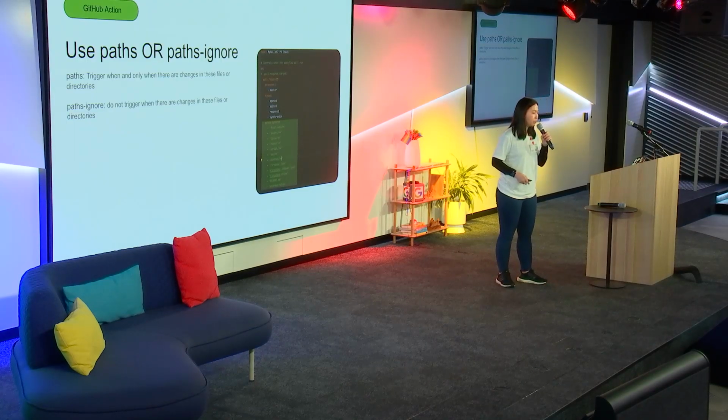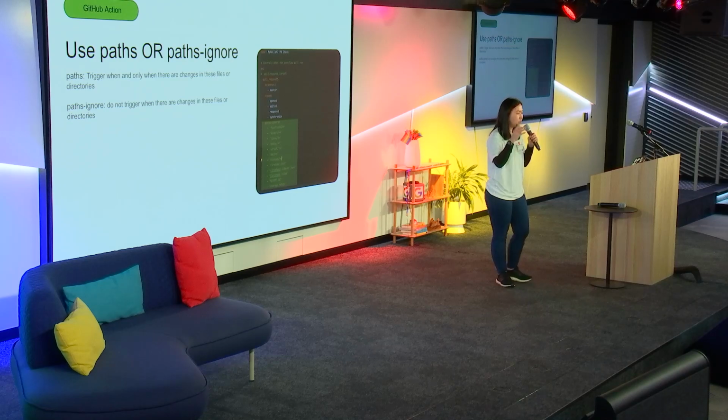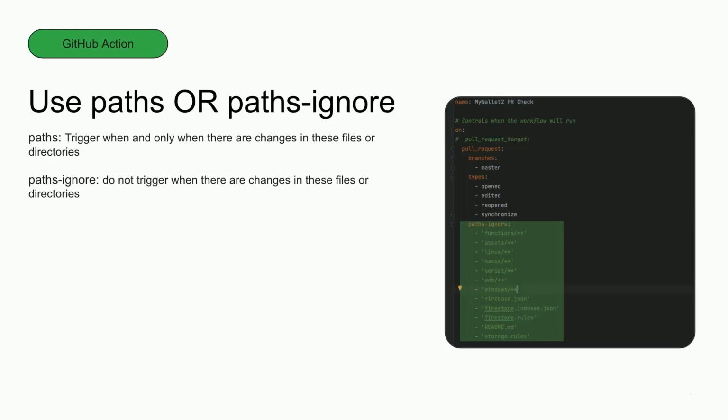So because of that, at first we tried to use paths or paths-ignore, a path filter, to filter out when there are changes in those paths, we will build, or when there are changes in those paths, we will not build. So with paths-ignore, as you see, I have .github and cloud function in the source code.